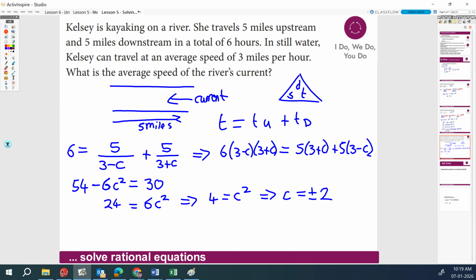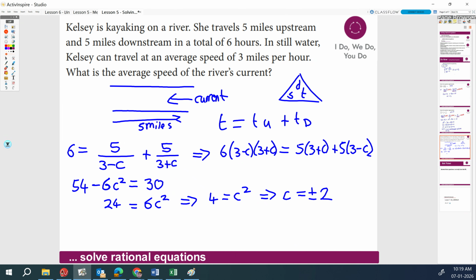Can this be the only answer? Are these both answers good? No, only the plus, because you can't have a negative. What would the negative 2 miles per hour mean? It means the current's flowing upstream. That's not possible.